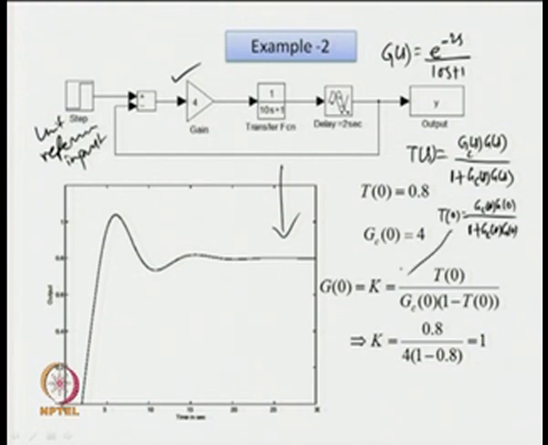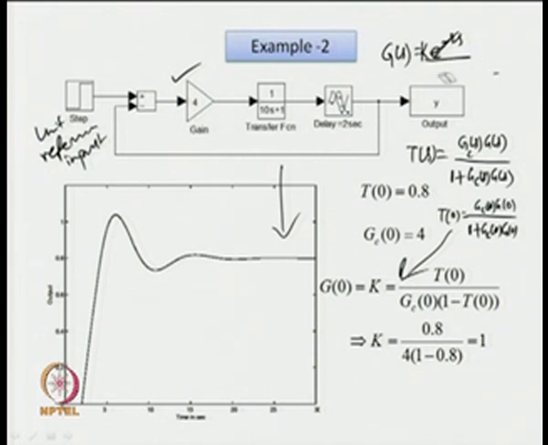Solving this, we get the expression for G(0). The transfer function model of the plant has a steady state gain of k, so G(0) is equal to k. When s equal to 0, these terms will not be there, and ultimately G(0) becomes k.